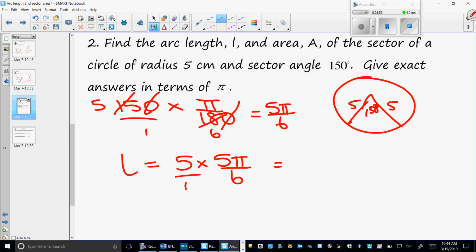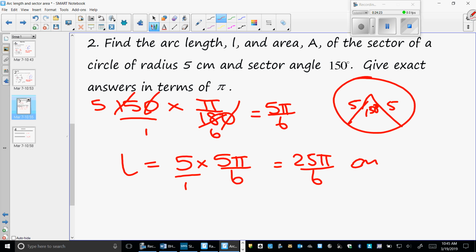So I've got 25 pi over 6. They did tell us to leave it in terms of pi, but if this was on a non-calculator paper, you do not know what 25 multiplied by pi divided by 6 is, and you would not be expected to work that out. It would be a length measure though, so we would still say it's centimeters.